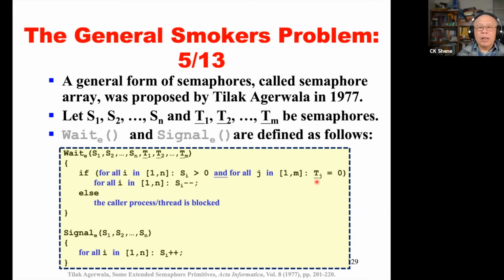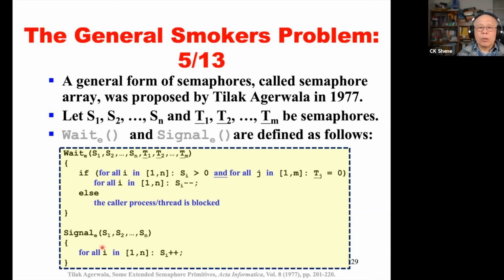In that case, the counters in the S set would be reduced by 1, and it returns. Otherwise, if one semaphore here has its counter equal to or less than 0, or if a semaphore in the T set has its counter not equal to 0, then the caller would be blocked.